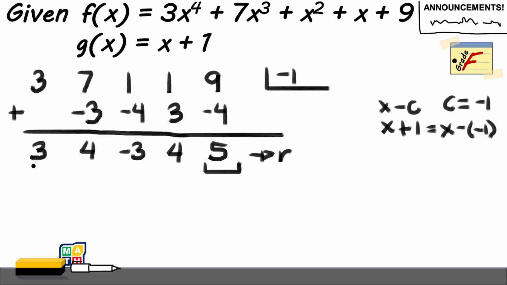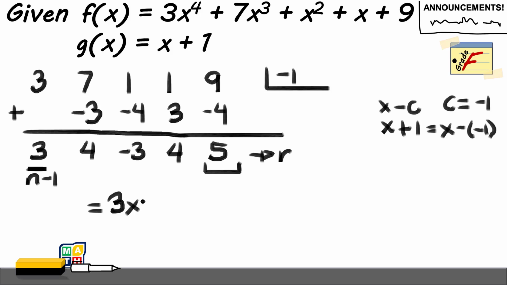Now, these coefficients 3, 4, negative 3, and positive 4 here are the coefficients of your quotient. Since our original dividend has highest degree of 4, this first one would be the coefficient of degree n minus 1, n being the highest degree earlier, 4. So this would be the coefficient of degree 4 minus 1, 3, meaning cube. In short, our quotient here is 3x.